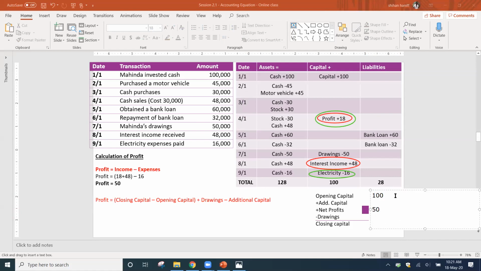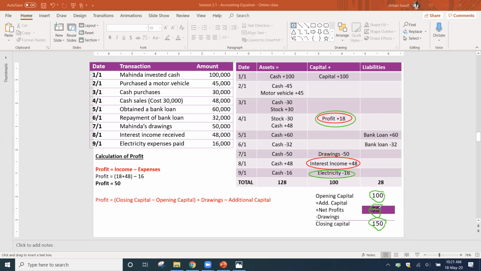Then the closing capital is 150. Opening capital is 100, net profit of 50, and the closing capital is 150.